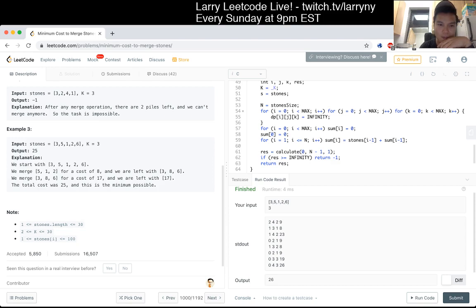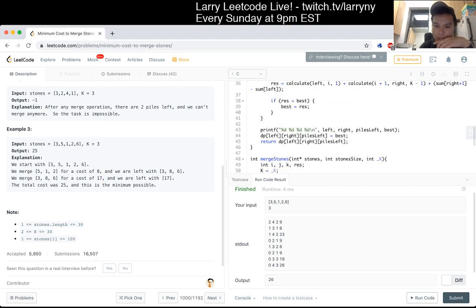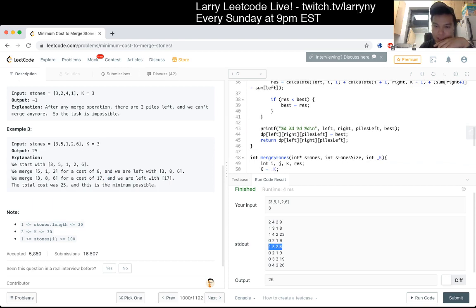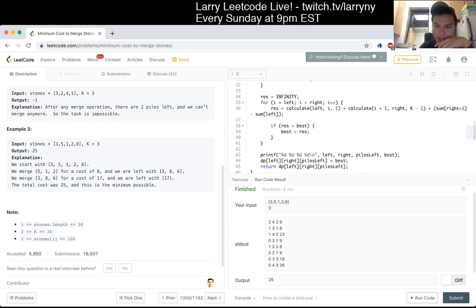Oh, no, no. This is right. I have the cost function in a weird way, but I feel like I'm close with this.